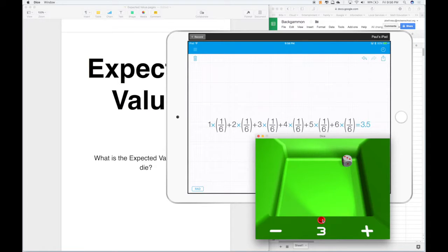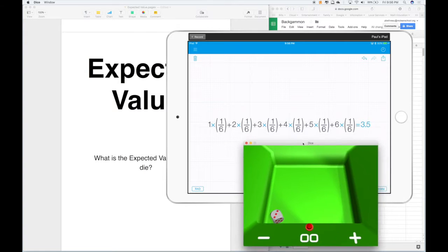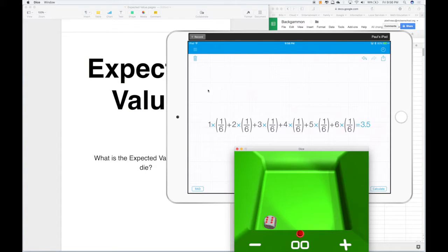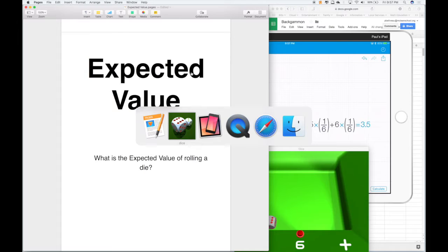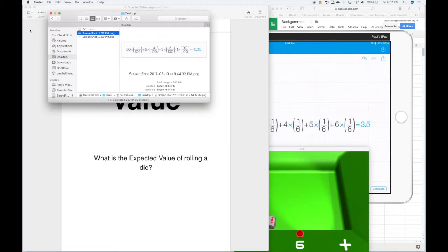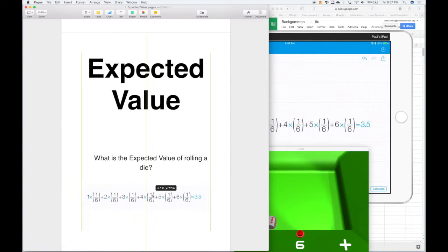But if I keep rolling it over and over and over again and add up all the different numbers and divide it by the number of times I rolled, the average should wind up being pretty close to 3.5. In fact, there's a little law in probability that says if you do something enough, the experimental and the theoretical probabilities should eventually start to match. So the expected value of rolling a die should be 3.5.